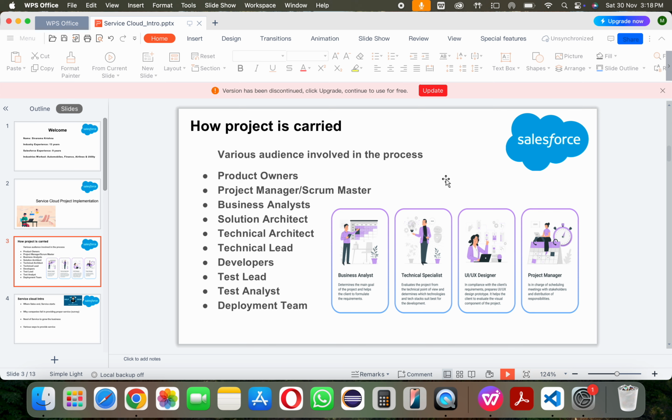But who will be taking the requirements? As a vendor company, I'm not aware of your business, what kind of service you want to provide, and what kind of system you want. So there are a few people who know the system very well. They know their product very well, and they know the requirement which they want to give to the customers. Those guys are called product owners.